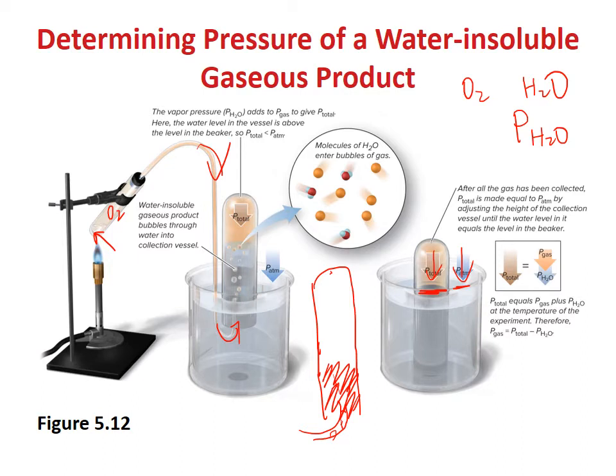Using the atmospheric pressure, which is the total pressure inside, minus the vapor pressure of water at this temperature, we get the partial pressure of oxygen inside the test tube. Using the ideal gas law, we can calculate the amount of oxygen collected inside the test tube.